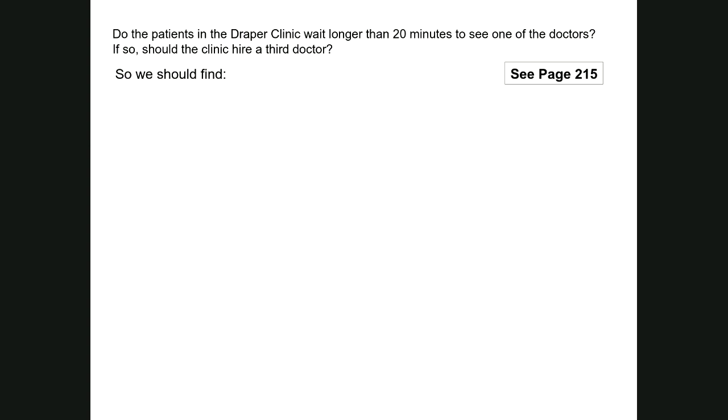So the question we need to answer is, do the patients wait longer than 20 minutes to see one of the doctors? And if so, should the clinic hire a 3rd doctor? Those are the 2 questions that we need to answer. The first question is the one that we're going to deal with right out of the gate.